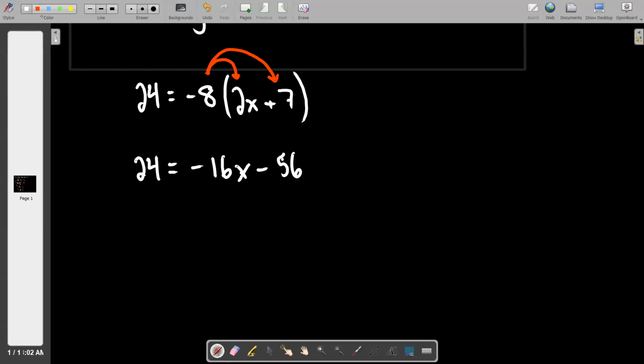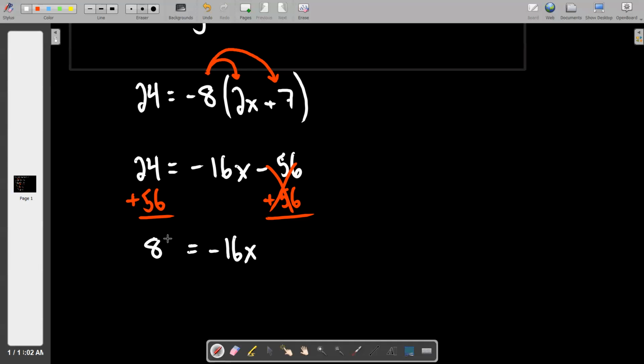So what do we have to do at this point? Yeah, anything else would not make an ounce of sense. Adding 56 is the only way to go because we're mindful of keeping some stuff on the right and on the left. We don't want to void out one side. So the 56s are going to cancel. Before we worry about math, we're going to drop the -16x. We're going to drop the equal sign. And what is 24 plus 56?